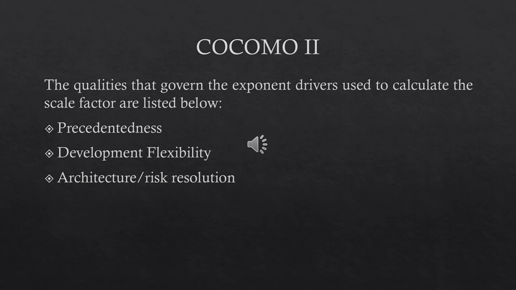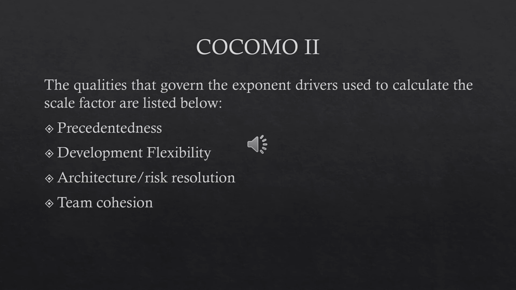It relates to the degree of uncertainty there is about the requirements. If they are not firmly fixed and are liable to change, then this would lead to a high value being given to this exponent driver.